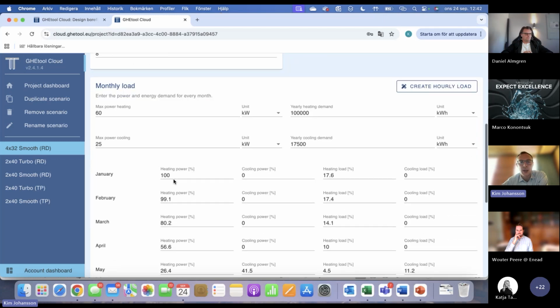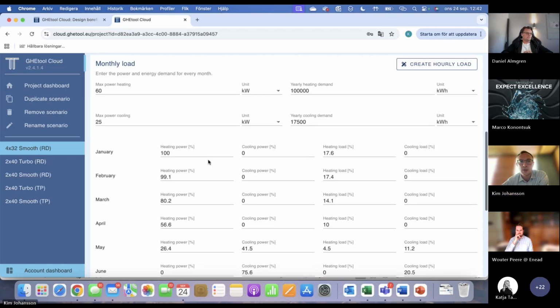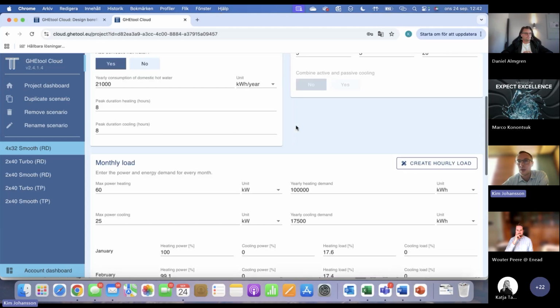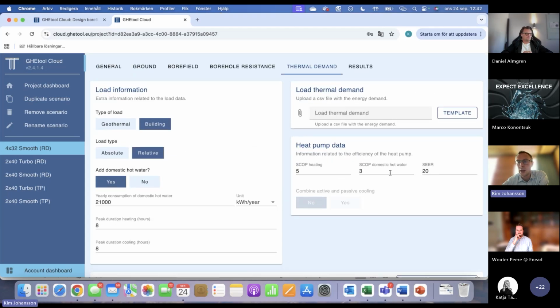In this case, we have decided that we will have a maximum effect of 60 kilowatt, and 100,000 kilowatt hours of heating. And then we have also added 25 kilowatt of cooling and 17,500 kilowatt hours of that. And here we could also put in some data for the SCOP.